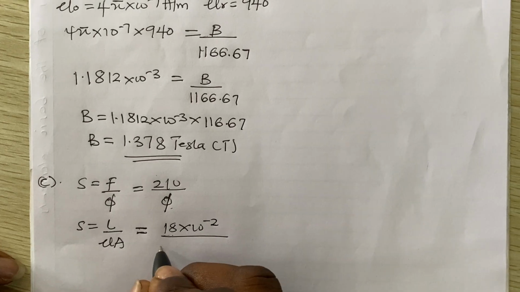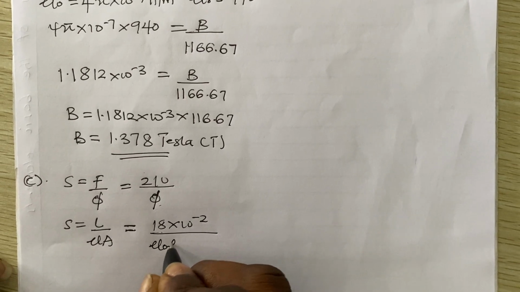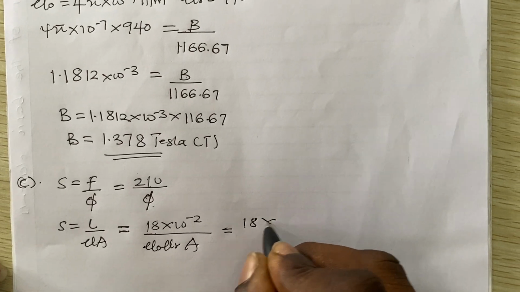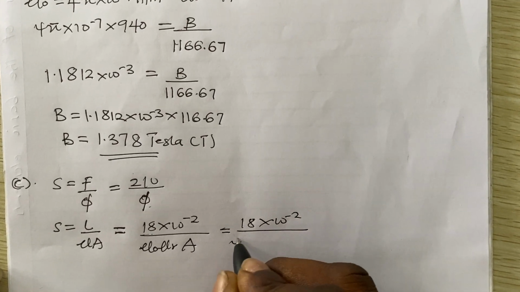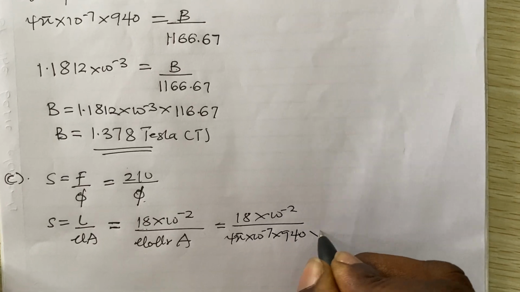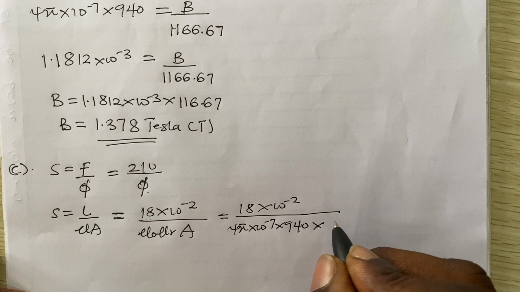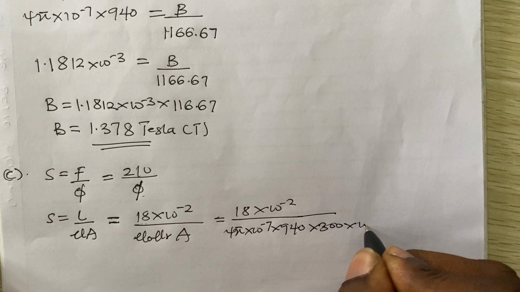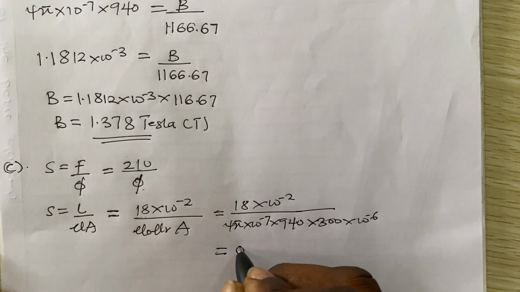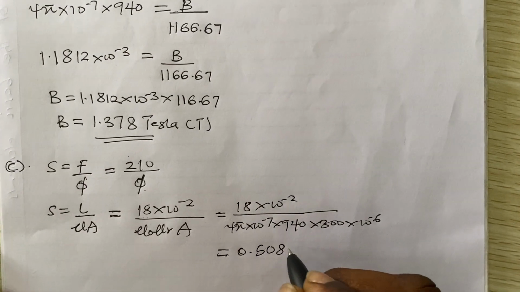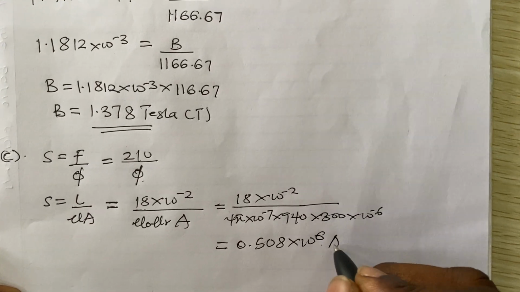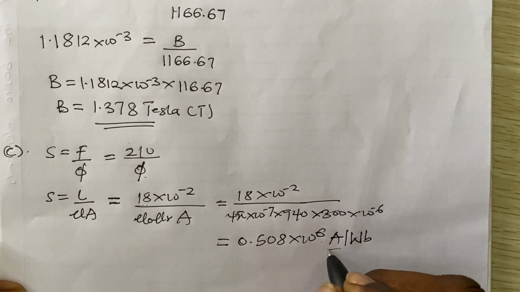Then absolute permeability, which we know will be equal to mu naught mu r, then multiply A. So we'd have 18 times 10 power minus 2 all over 4 pi times 10 power minus 7 times 940 times our area, which is 300 times 10 power minus 6. And this would give us an answer of 0.508 times 10 power 6 ampere per Webers.